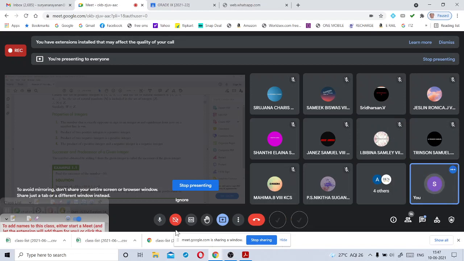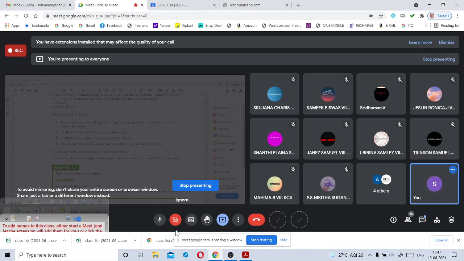In the case of integers, if you want to find the successor of an integer, we have to add 1 to the given number.